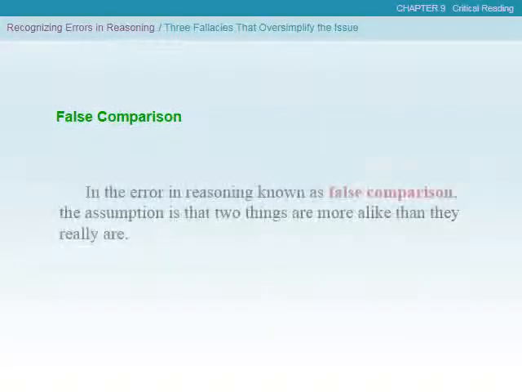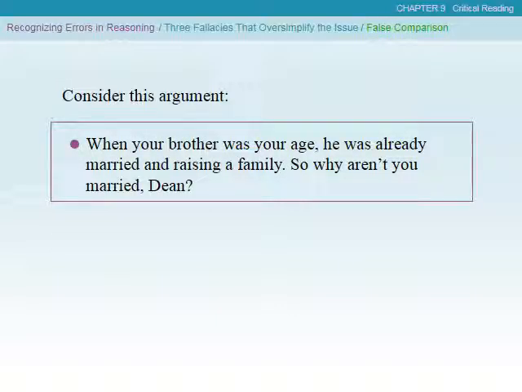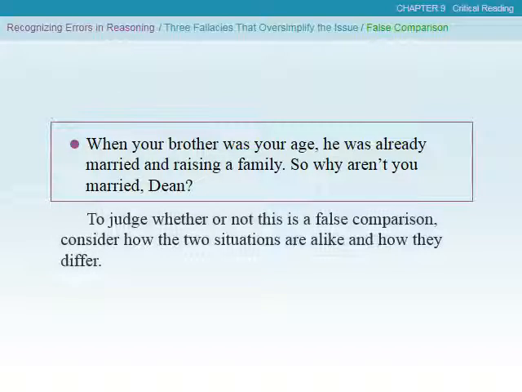And there's a false comparison. A false comparison is an assumption that two things are more alike than they really are. Basically, you're equating two things. So consider this argument. When your brother was your age, he was already married and raising a family. So why aren't you married, Dean? Maybe some of you have experienced this sort of situation where you're being compared to a sibling, right? But this isn't fair. It's a false comparison because my brother is not me.